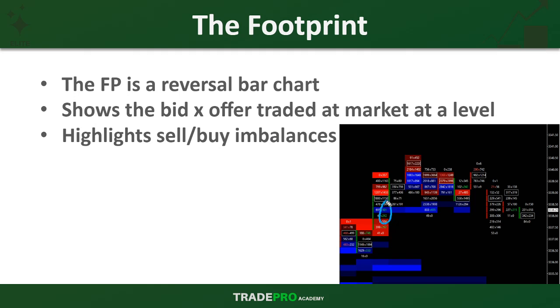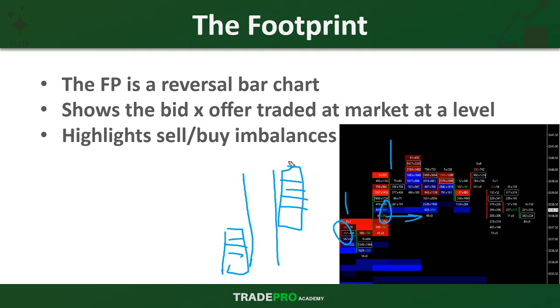As to why the buy imbalances show up on the actual offer side, or on the right-hand side, and why the sell imbalances show up on the left-hand side, or the bid side: this is market buying on the offer side. Because remember what has to happen on the offer side, right? You have to lift an offer. So this is a crudely drawn drawing of the DOM. If this is the offer side and this the bid side, for an offer to get traded right here, what has to happen?